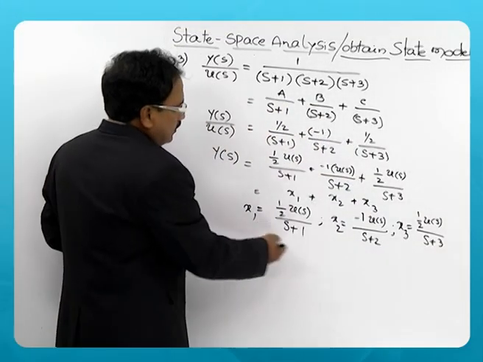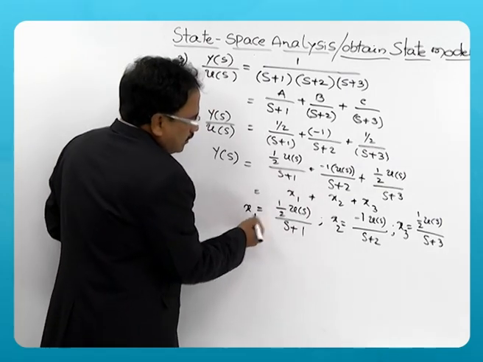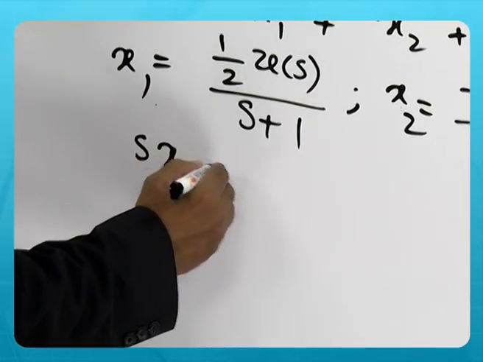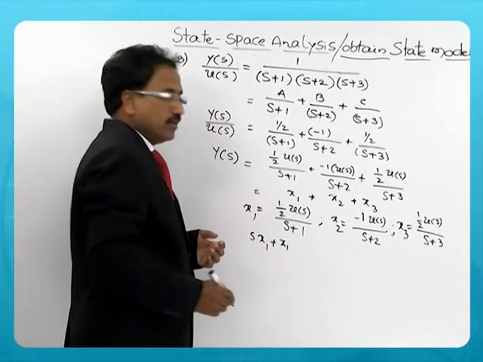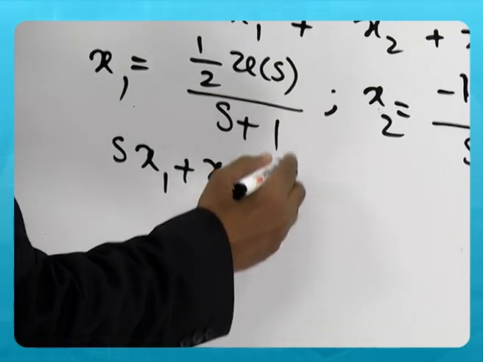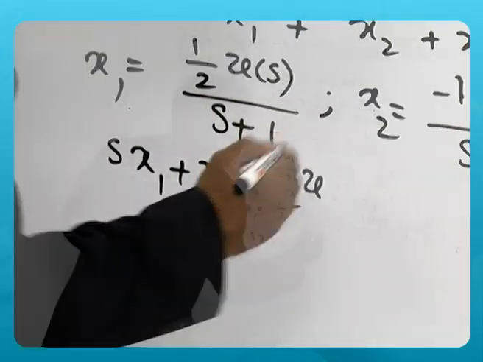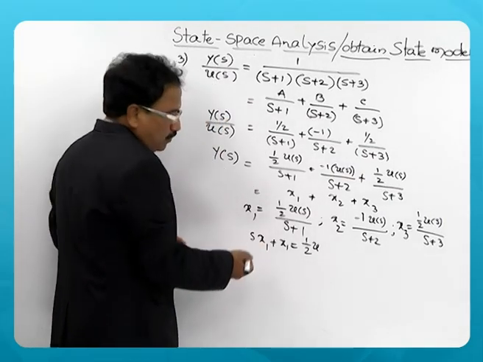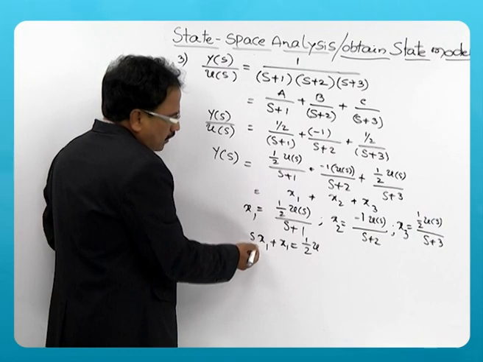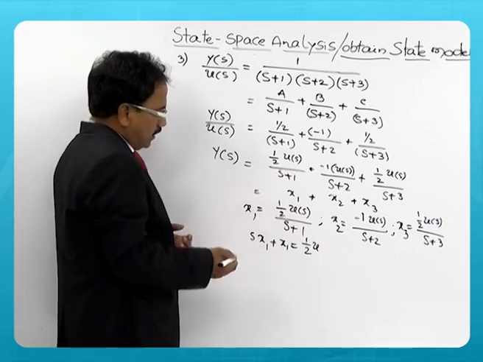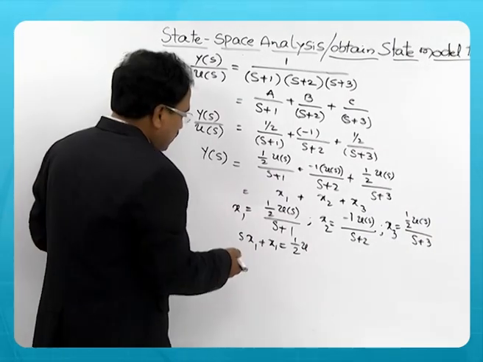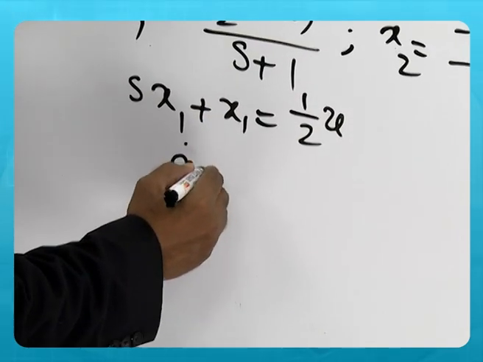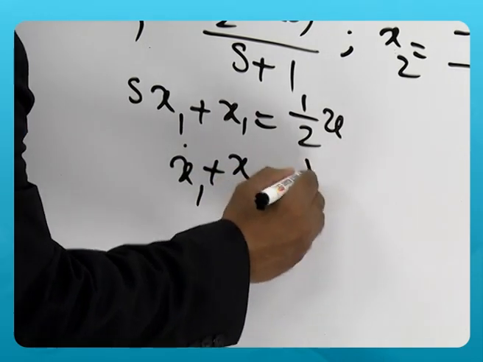Now you can rewrite this first term as sx1 plus x1 is equal to half u, the first term. This you can actually see s times x1. The meaning of this is x1 dot. The derivative of x1 is represented by sx1 when you apply Laplace. So this is x1 dot plus x1 is equal to half u.